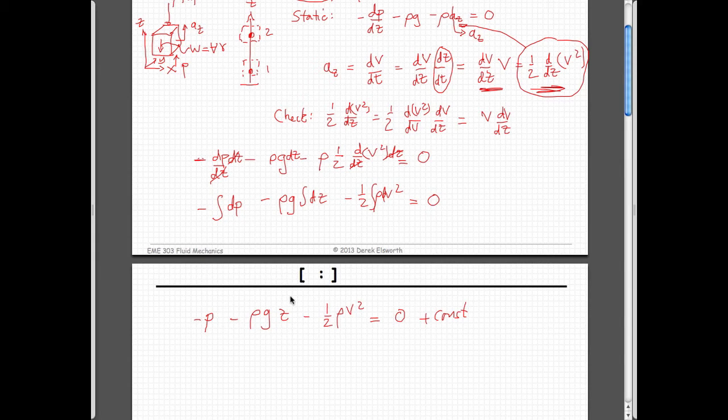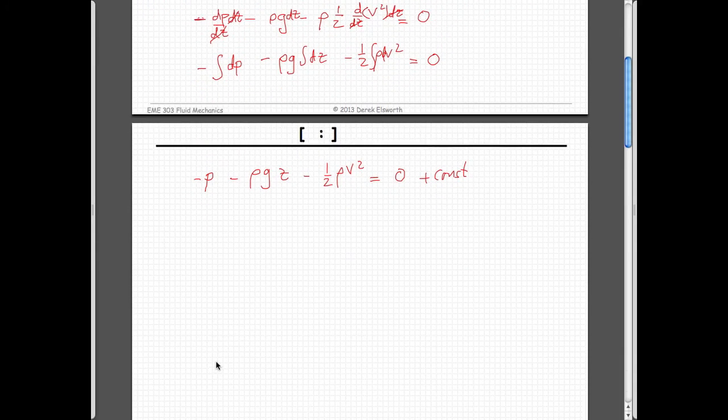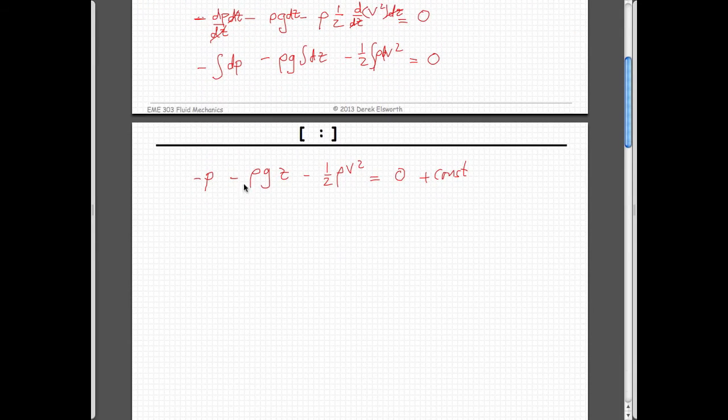Well, you recognize that, right? And so I usually think of this much more conveniently in terms of a length. All these terms should be in pressures. This is certainly a pressure. Rho g z is unit weight times elevation. That's a pressure as well. And you could work through the units and show that that's the case here, if you so wish. I usually divide this through by the unit weight of fluid, which is rho g.